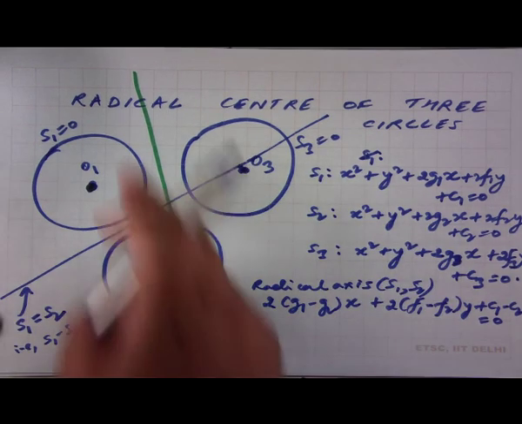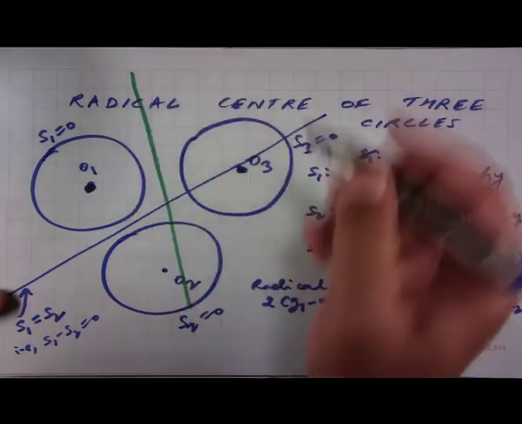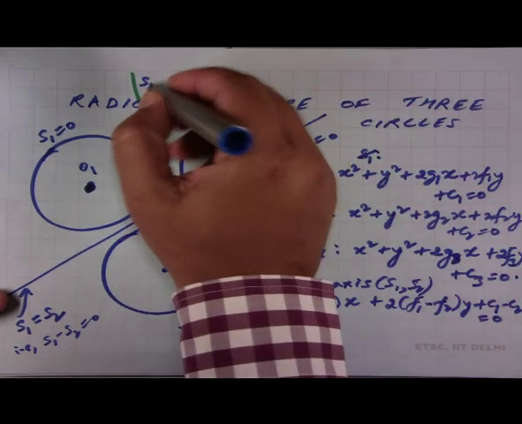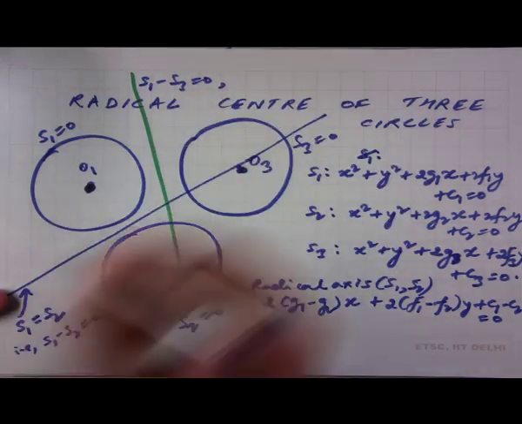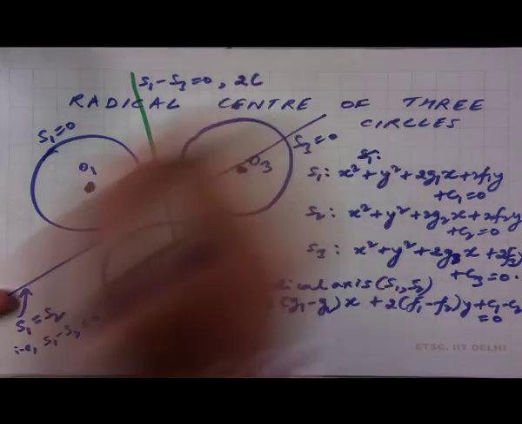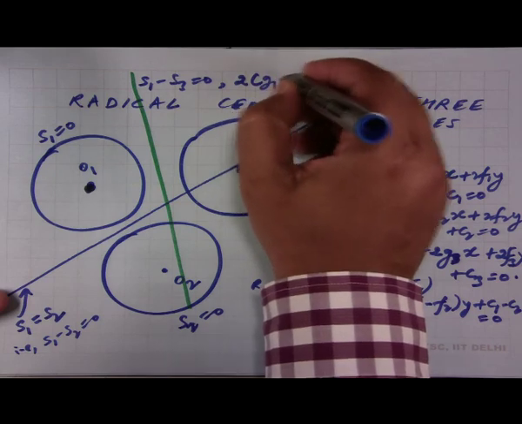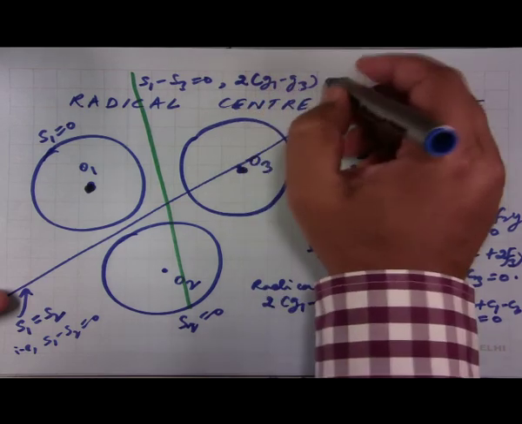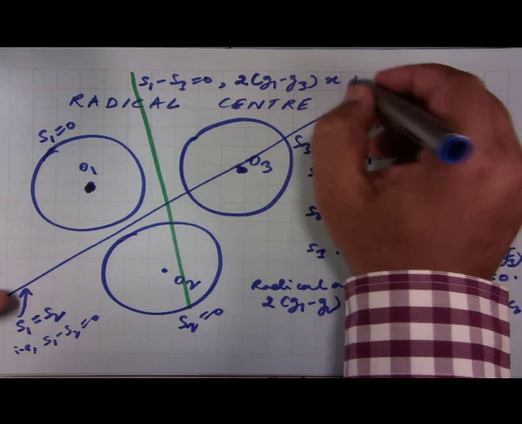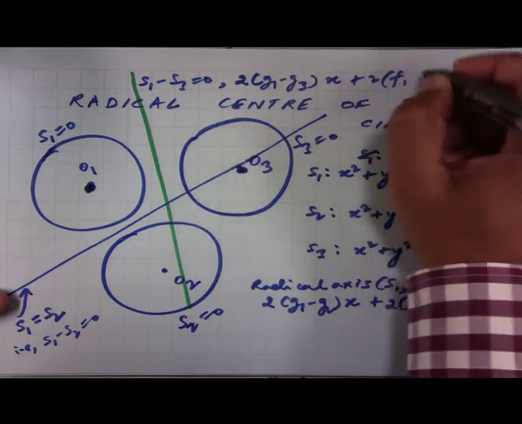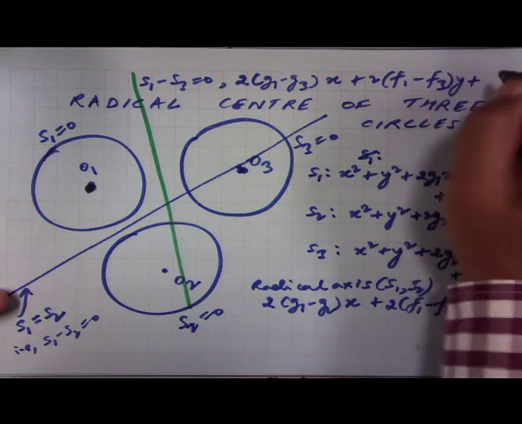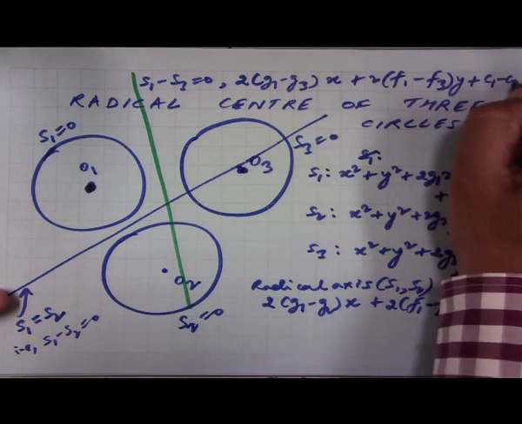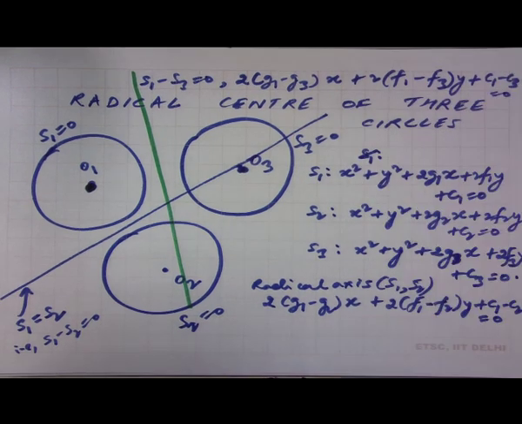And the equation of this radical axis will basically be S1 minus S3 equal to 0, which will be 2 times (g1 minus g3) times x plus 2 times (f1 minus f3) times y plus (c1 minus c3) equals 0.